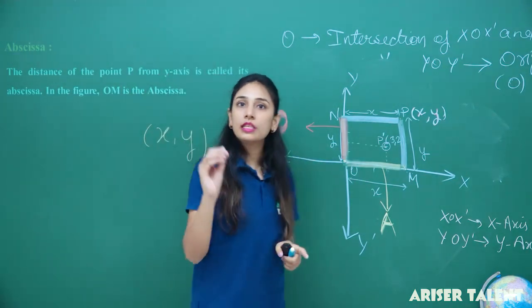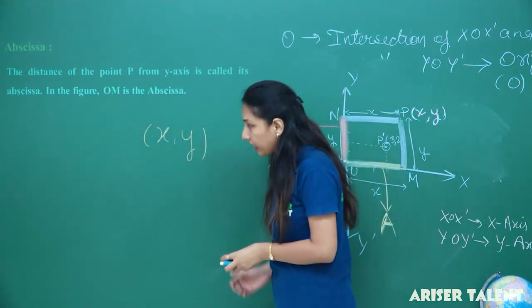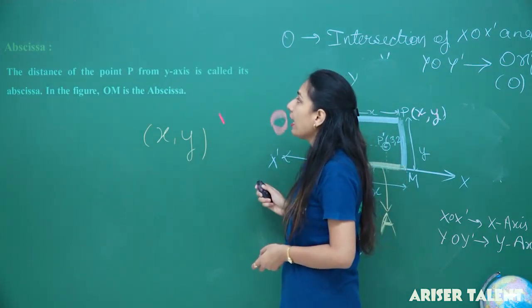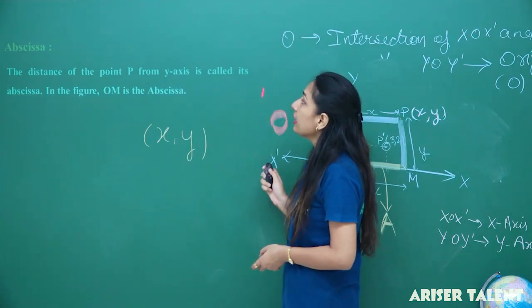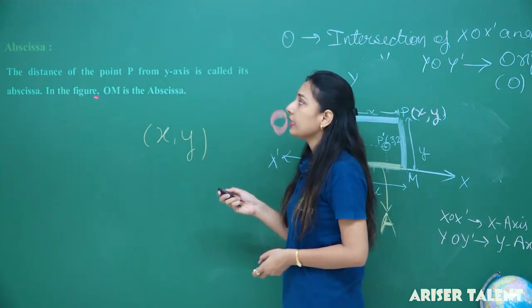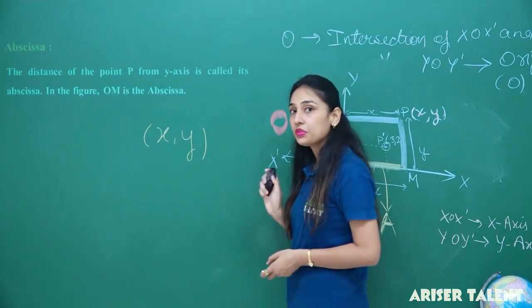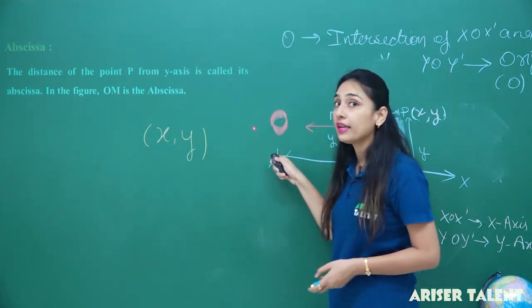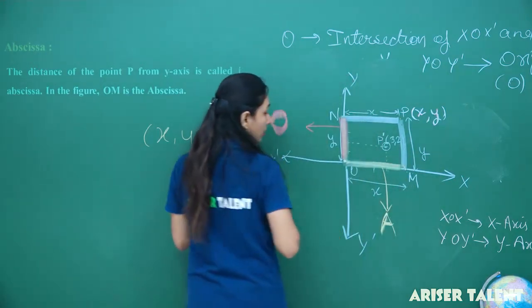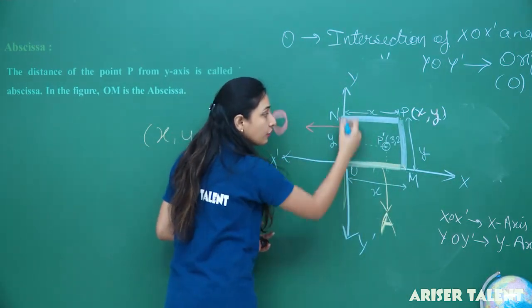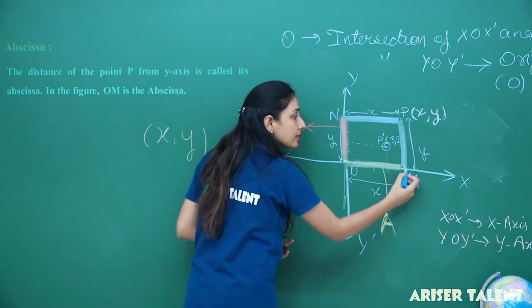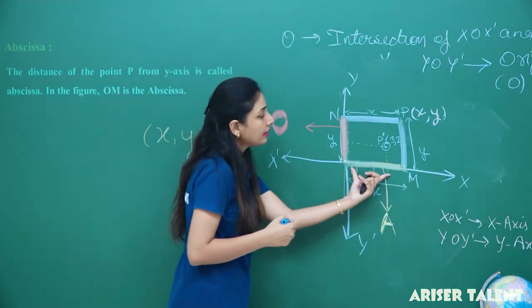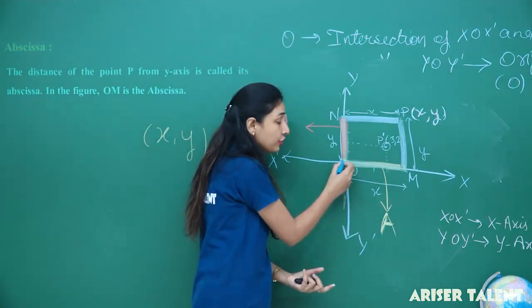Now, can we use the language to understand this? The distance of the point P from y-axis is called its abscissa. In the figure, OM is the abscissa. That will be the distance on the x-axis from the origin point.